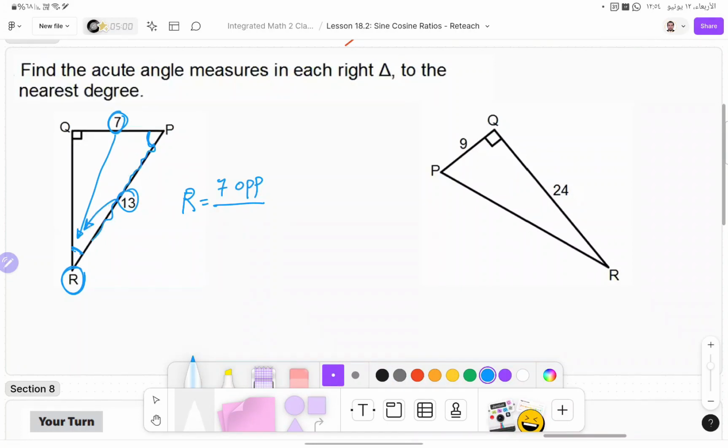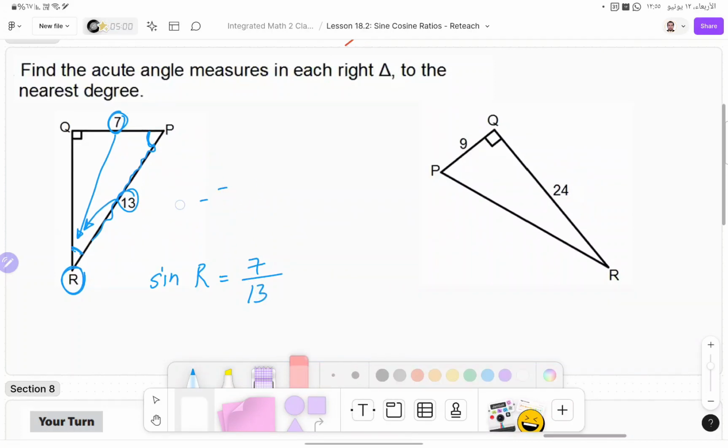This side here is the hypotenuse. Now which ratio helps me find opposite over hypotenuse? If you remember SOH CAH TOA, opposite over hypotenuse is sine. So I can use sine R equals 7 over 13.